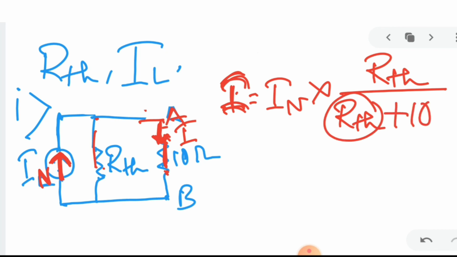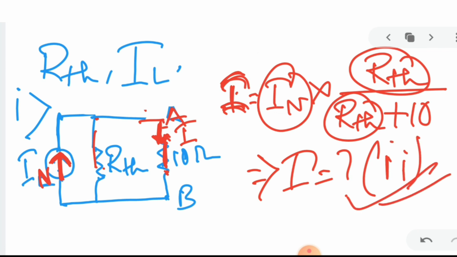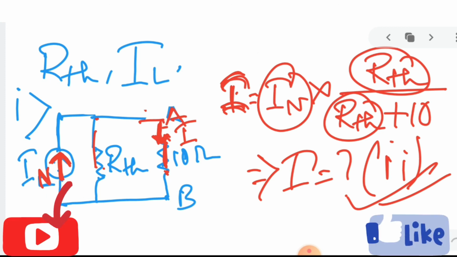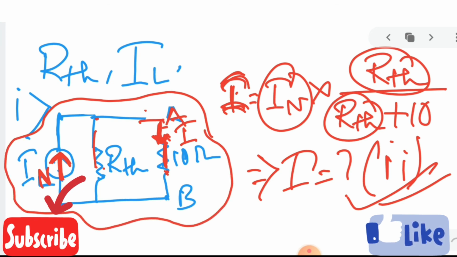You put the values of RTH and IN, then you can find the I, and it is our question number 2. Okay, so I think you understand the steps to calculate the Norton's current and then the final Norton's circuit. I think you can draw the final Norton's circuit now.